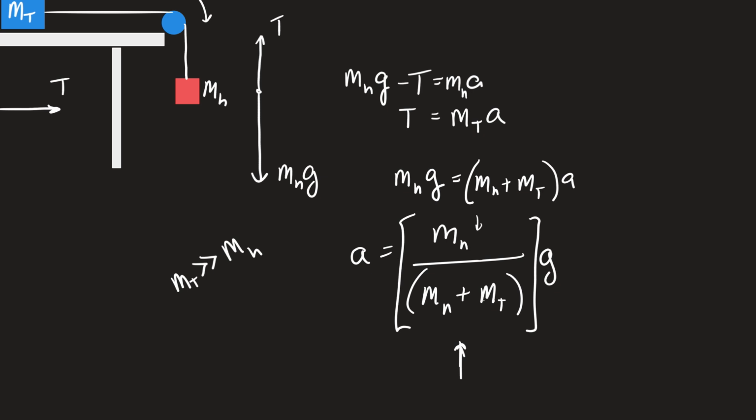They also ask, is it possible that the system could accelerate at g? Well, for it to accelerate at g, everything in the brackets has to be equal to 1. Is there ever a chance everything in the brackets would be equal to 1? No. But what if the mass that's hung is much bigger than the mass on the table?